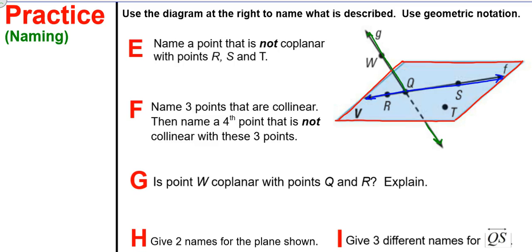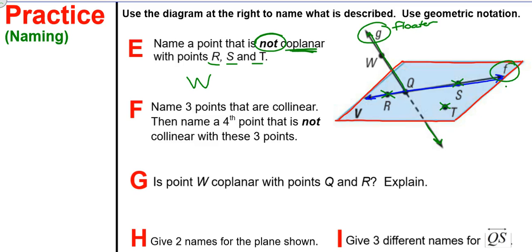We're going to find something that is not coplanar with R, S, and T. So if I'm looking here at R, S, and T, I want to name something that is not on the blue surface. So in this case, we would name that as W. Remember that G is really just a floater.